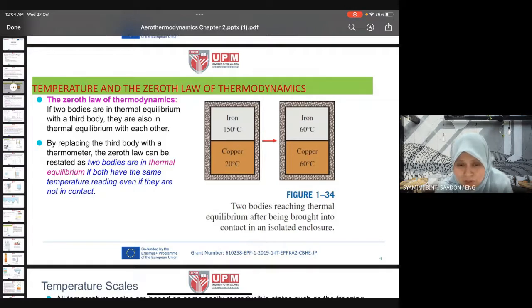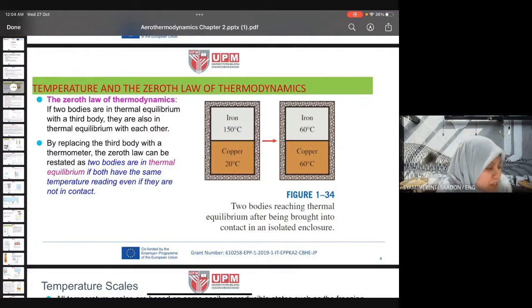We have other properties also, such as mass flow rate, energy, etc. But temperature and pressure are the most used in thermodynamics. It means that whatever other physical properties we are going to learn in the future are actually based on these two properties, temperature and pressure.